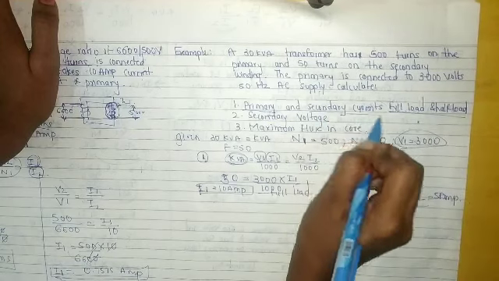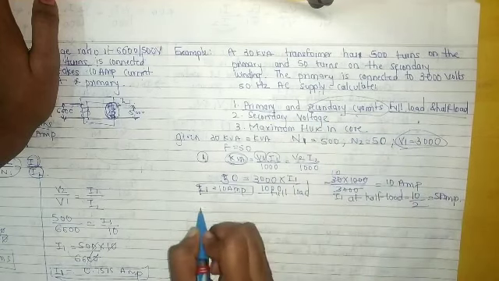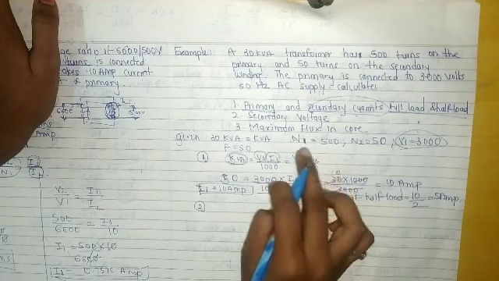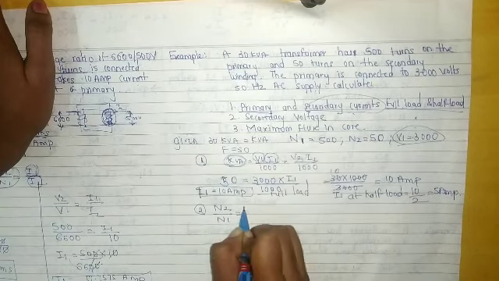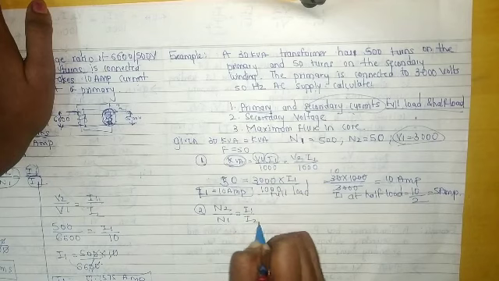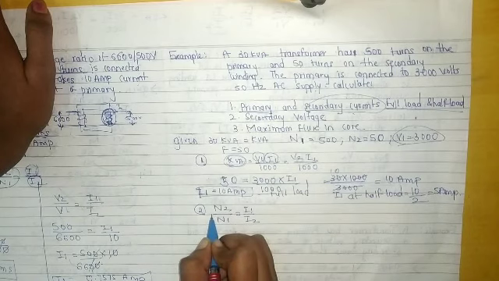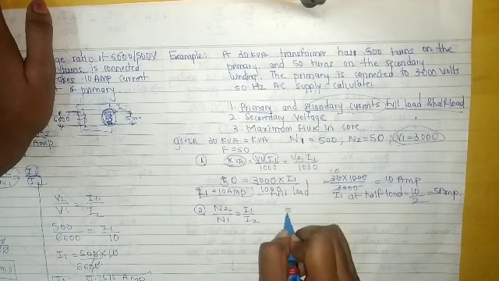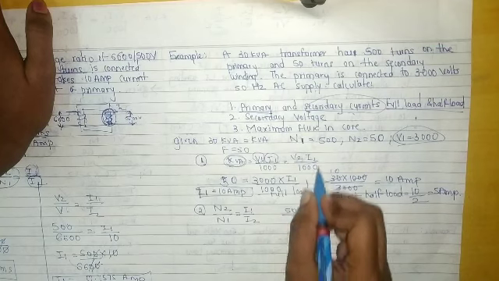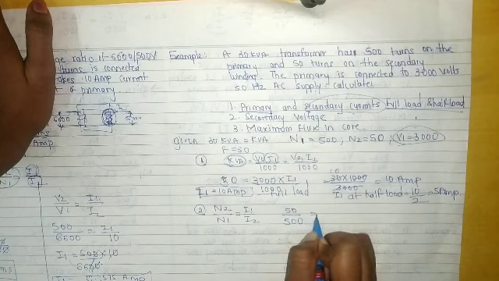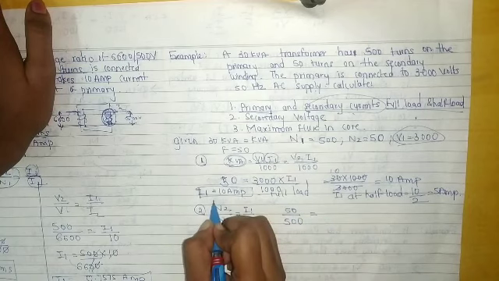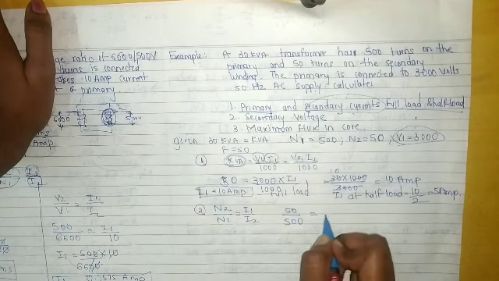Now we have to calculate the secondary current. We know N1, we know N2. We also know N2 divided by N1 is equal to I1 divided by I2. From here, N2 is 50. What is N1? N1 is 500. This is equal to I1, which we have calculated, 10 ampere.